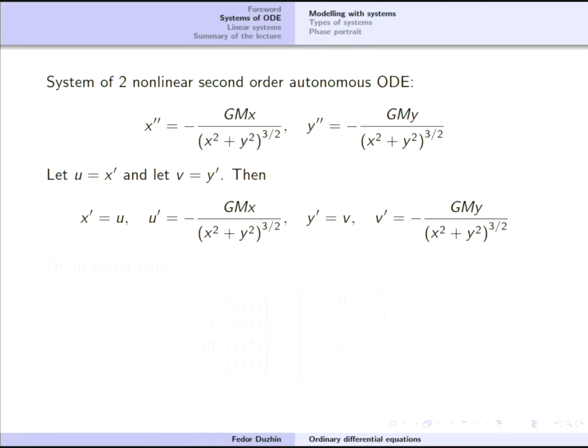So if u equals x prime and v equals y prime, then what is u prime going to be? u is x prime, and u prime is x double prime. So the first derivative of u is the second derivative of x, and that's how I get this, and this of course is going to be v prime.